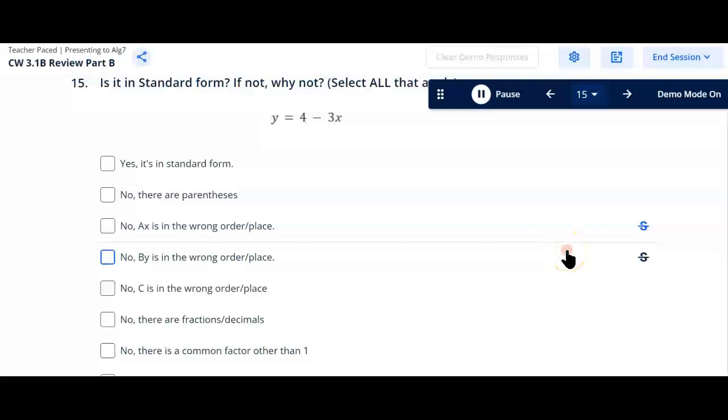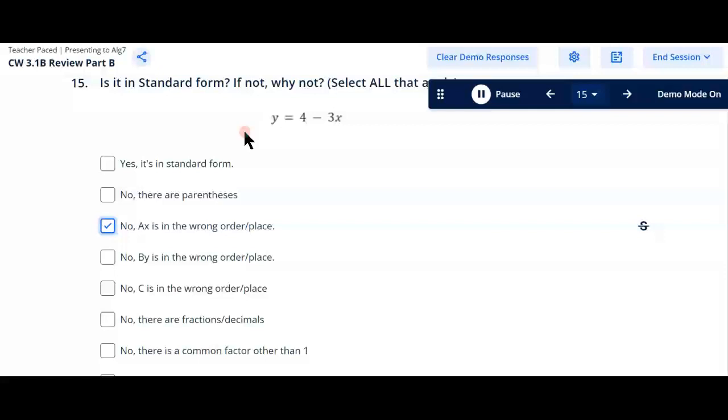What is the problem? It's not leading. There you go. Our AX term is not in the lead. If we go in order, first, is there a problem with parentheses? No. Second, is AX in the wrong place? Yes.